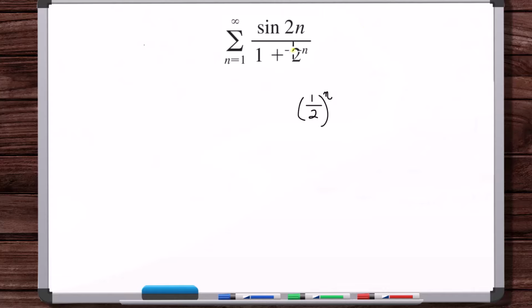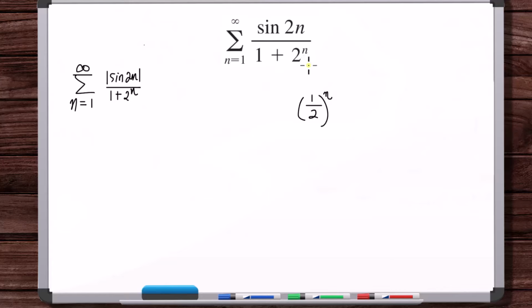But if we think about the absolute value of this series, the absolute value of sine of 2n over 1 plus 2n, but 1 plus 2n is always positive. Right, if we determine that this is convergent, then that means this is convergent. That's the idea with absolute convergence.